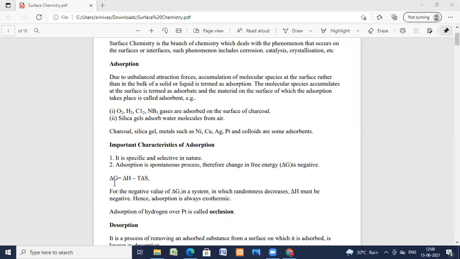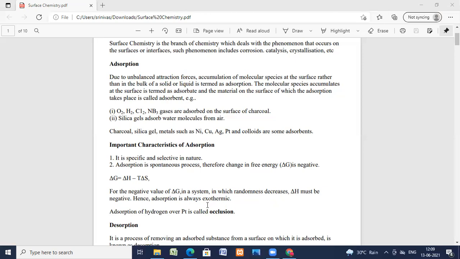So delta G is equal to delta H minus T delta S. For a negative value of delta G in a system where the randomness decreases, delta H should be negative. Hence, adsorption is always exothermic.